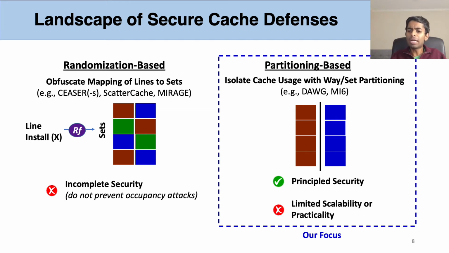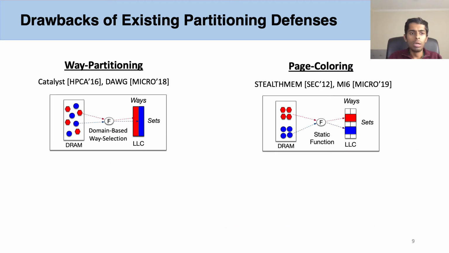However, existing partitioning-based defenses face severe practicality challenges and hence have had limited adoption in real-world software. Let's see why. A cache is a two-dimensional structure, so it can be split along ways or sets. Way partitioning-based solutions, like Catalyst or DAWG, divide the cache along ways and allocate one or more ways to each individual security domain.